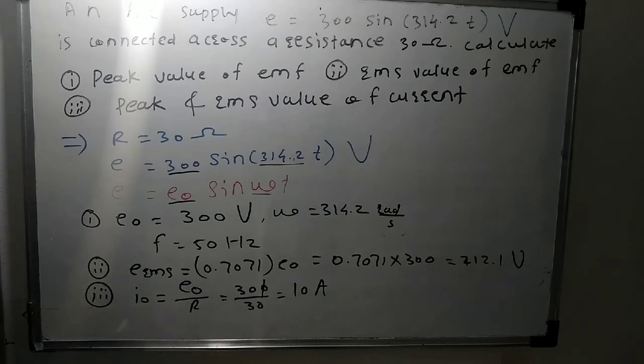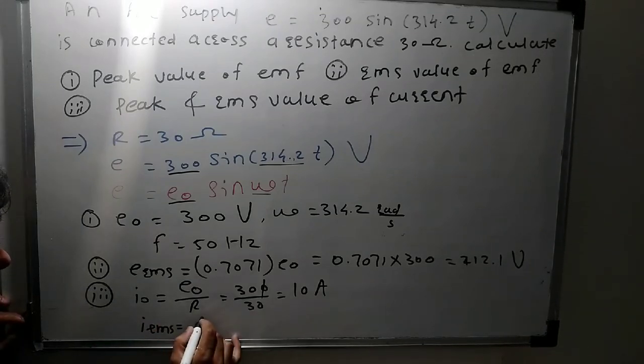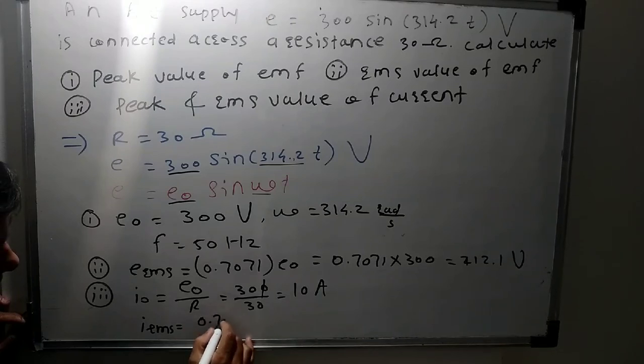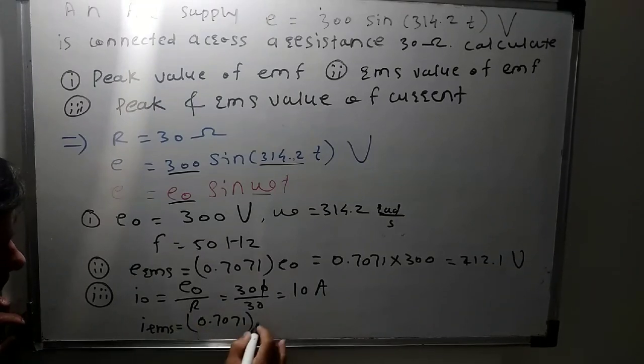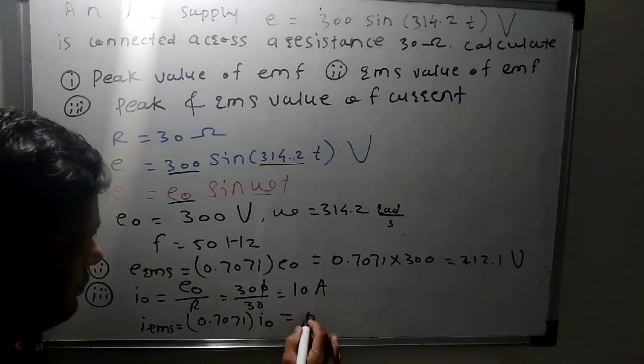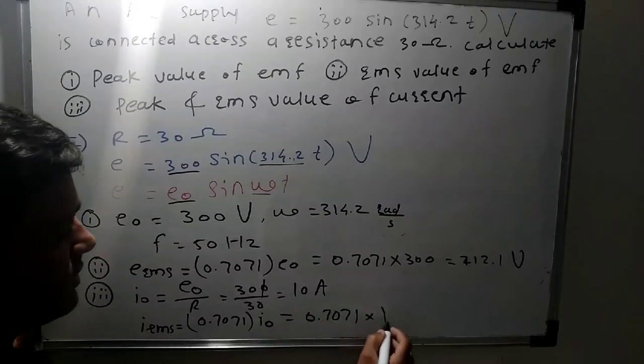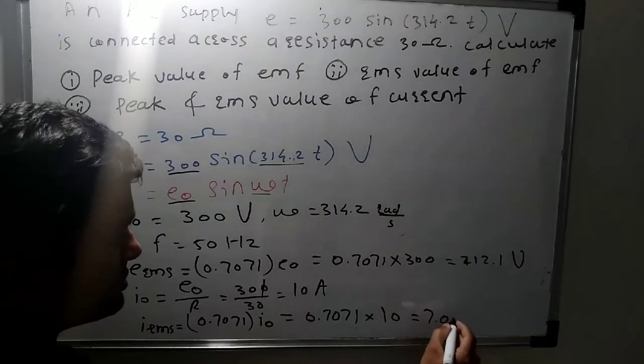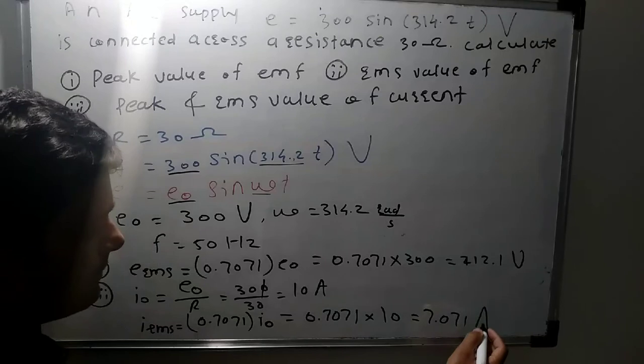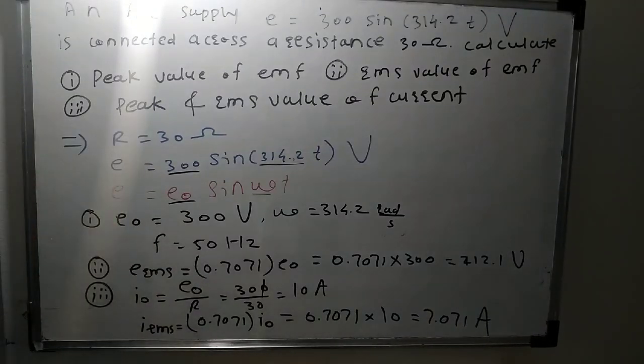Then IRMS becomes 0.7071 of I naught, 0.7071 into 10, so 7.071 ampere is the IRMS, that is the RMS value of the current.